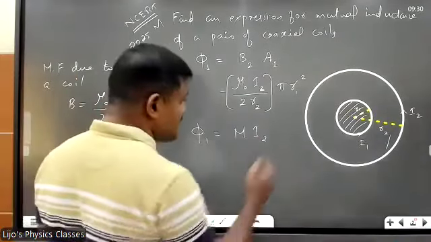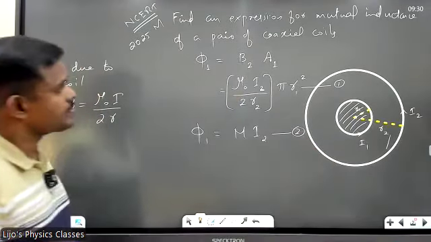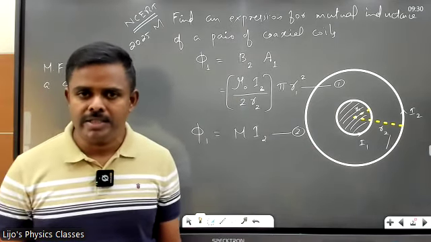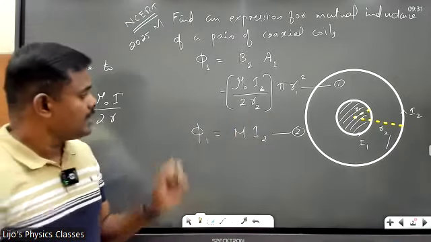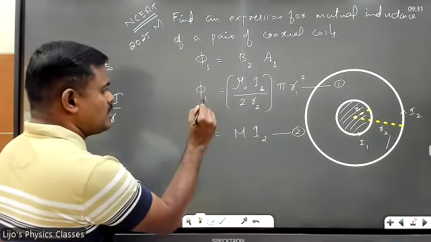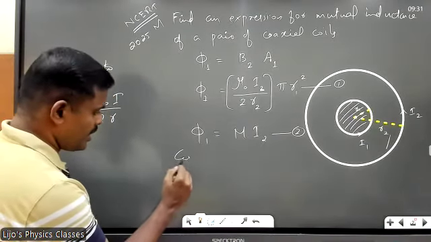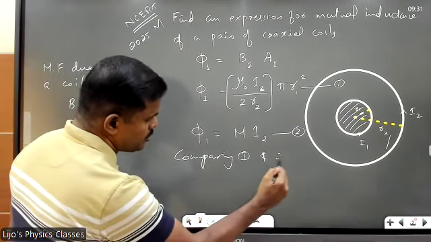Let us put this as equation number 1 and the other as equation number 2. So I've gotten two equations for flux. This is phi 1, and this is also phi 1. Then equate them. Comparing 1 and 2.